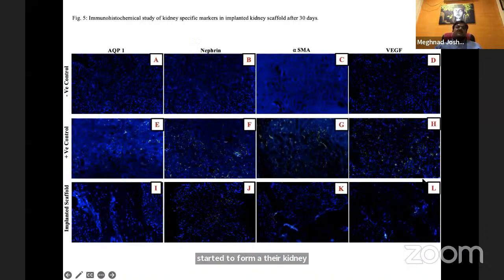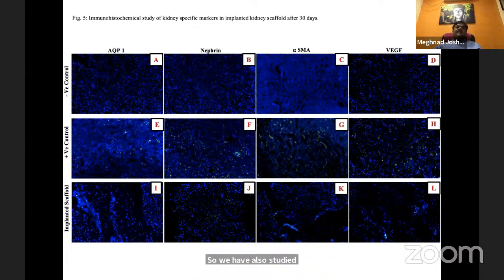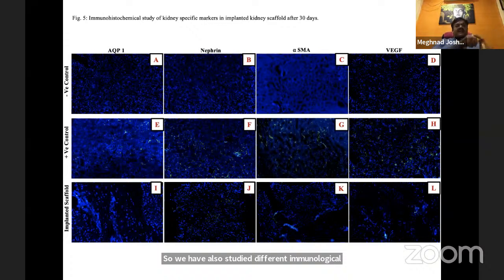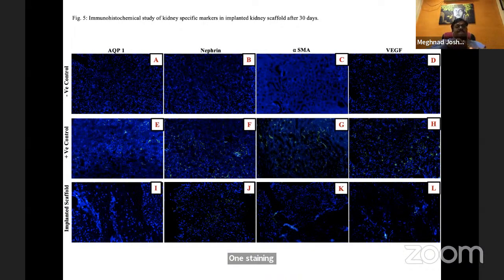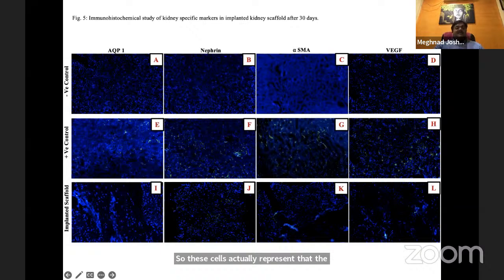So we have also studied different immunological markers which are very specific to kidney cells. For example, AQP1 staining. So these cells actually represent that they are differentiating into kidney specific cells, nephrin cells, which contribute to the integrity of nephrons.